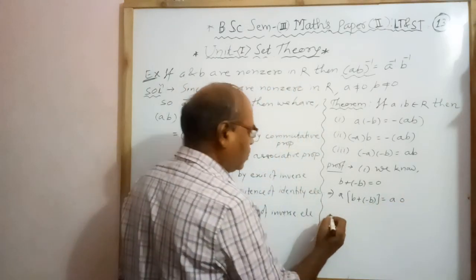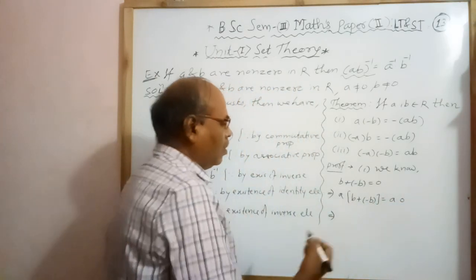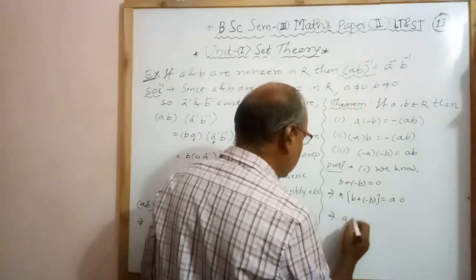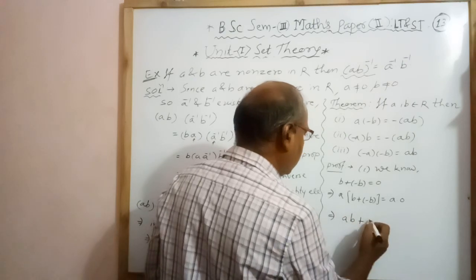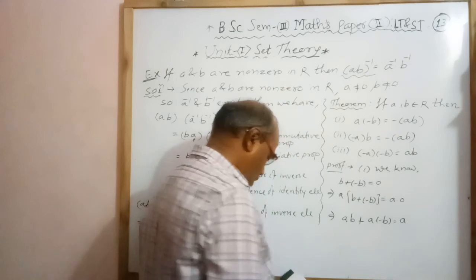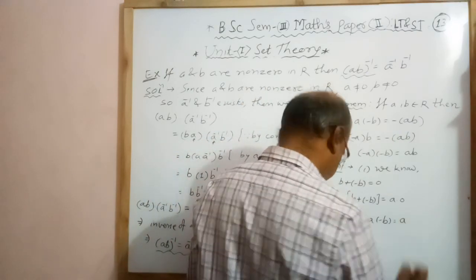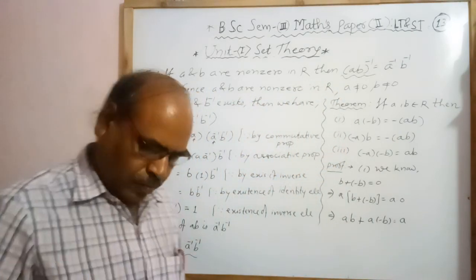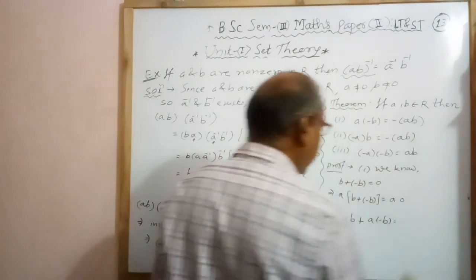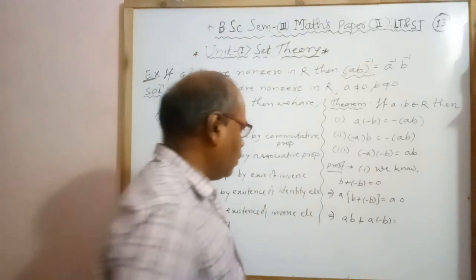Then by associativity, simplifying, AB plus A into minus B equal to A into 0, we get 0, by distributive property, and A into 0 equal to 0.